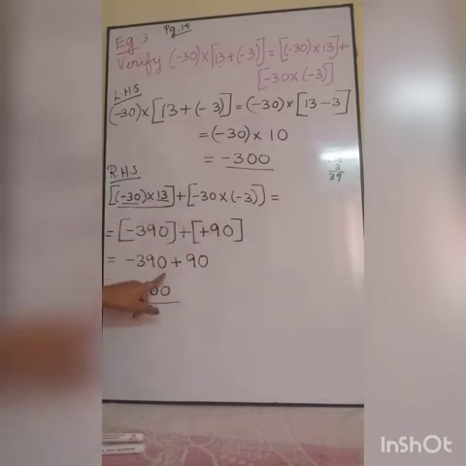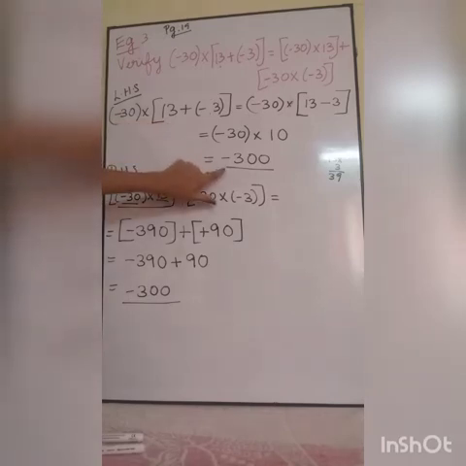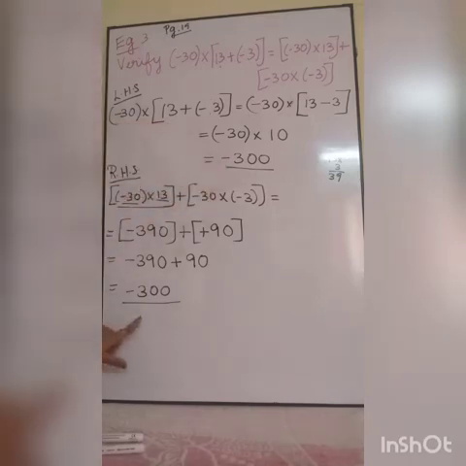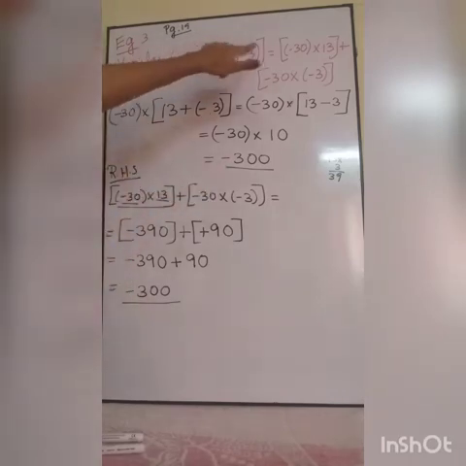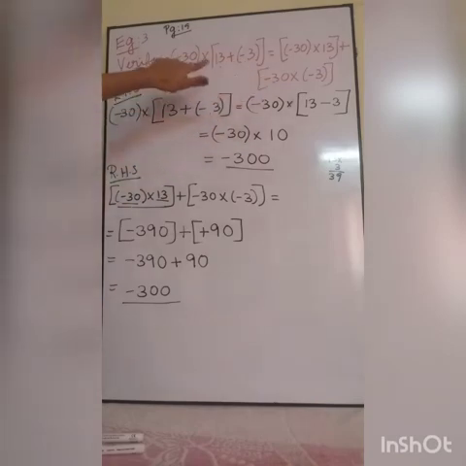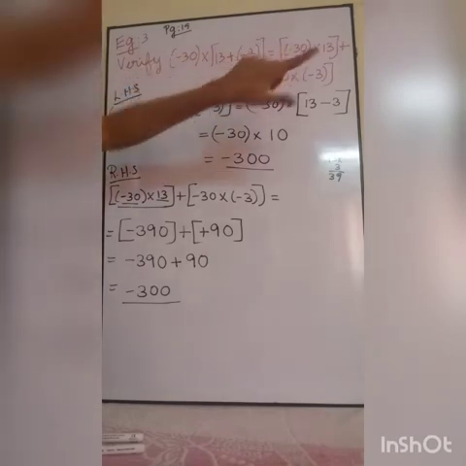If a multiplication symbol is not there, it means that we have to do addition and subtraction. So the LHS value is minus 300, and the RHS value is also minus 300. So both are equal. So we have verified that this answer is equal to this answer.